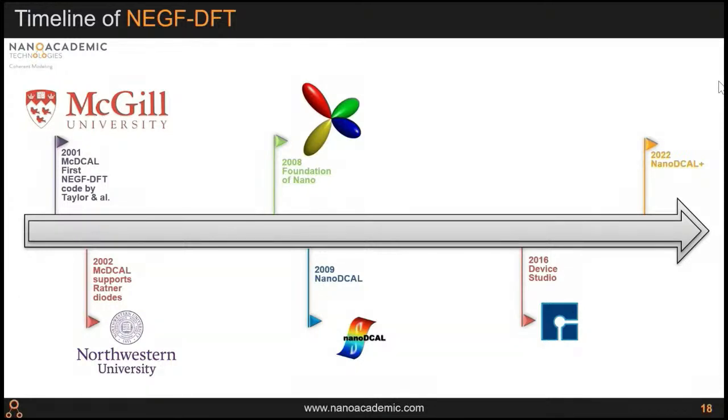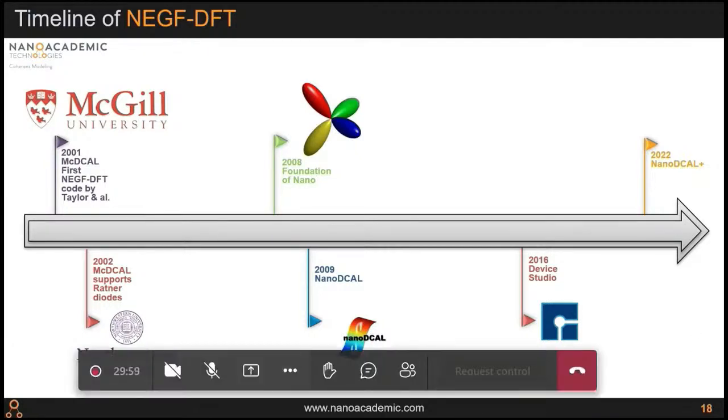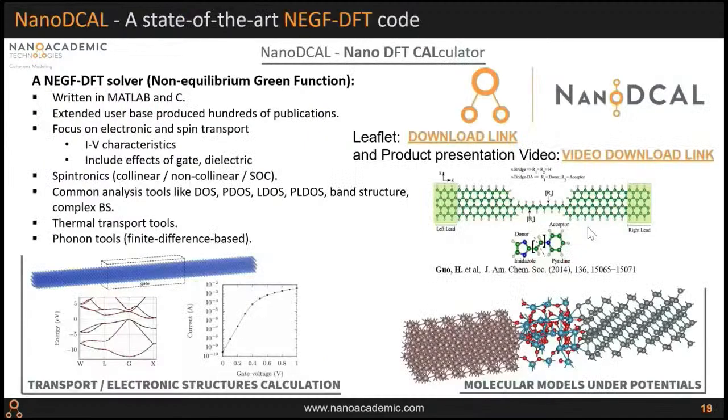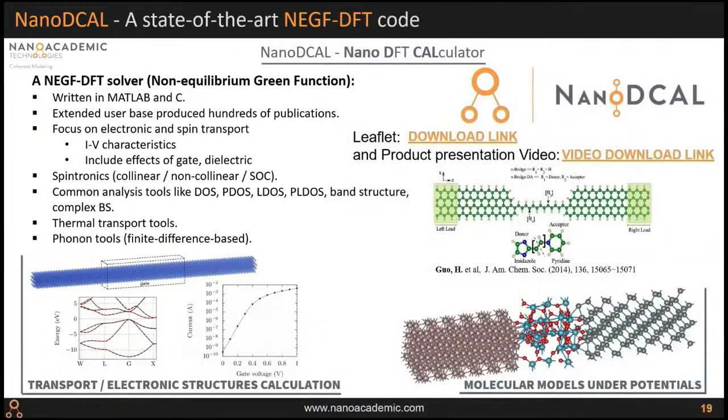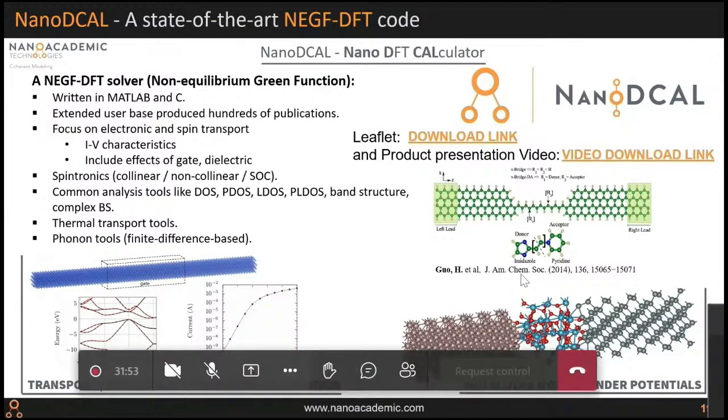In 2002, they set out to do some calculations with NanoDCAL to support Ratner diodes. These are possible molecular junctions that act like transistors, so you can add gates and dielectrics and produce IV characteristics versus bias, gate voltage, etc. And for material analysis, it comes with all analysis tools like DOS, PDOS, LDOS, projected local DOS, etc. Shown on the right is the kind of structure you can build and study.